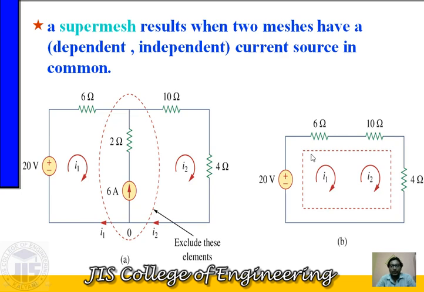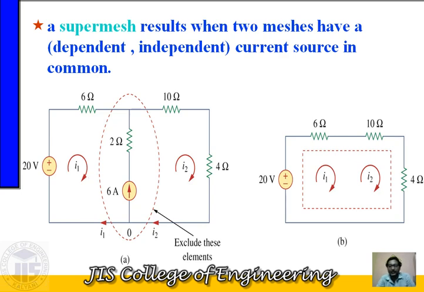In the previous case, when there were no current sources, we simply applied KVL within the first mesh, the second mesh, or the third mesh. But in this case we consider this whole path as one mesh, and the choice of current direction is yours, no problem at all.